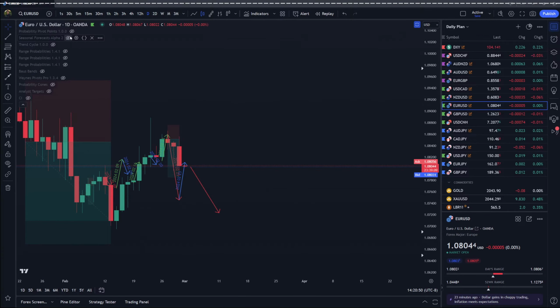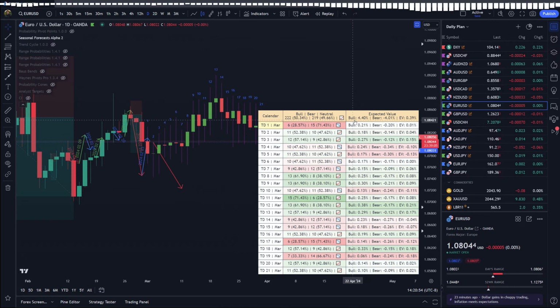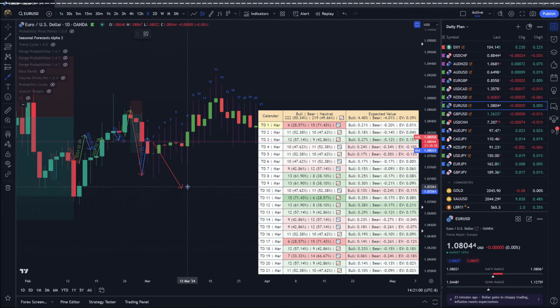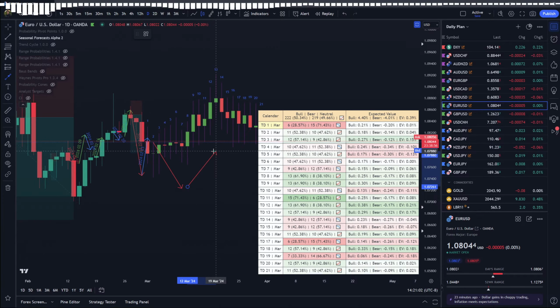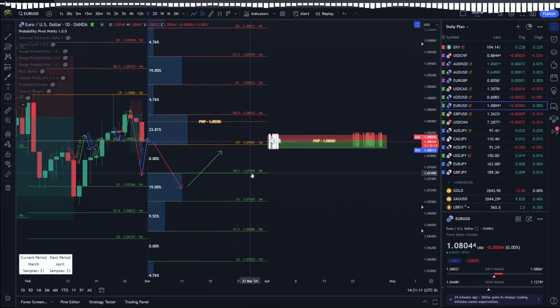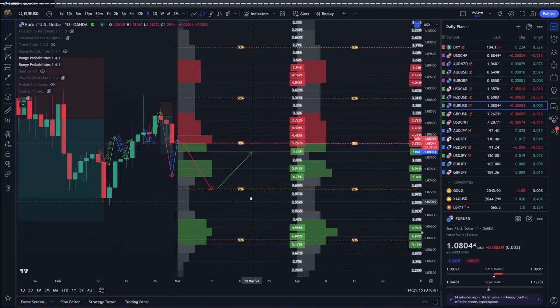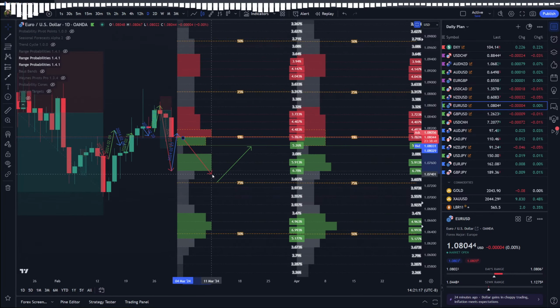Okay. Let's pull this up here. So pretty flat expectations up until the 8th trading day right there. And then we take that to the 14th trading day, set that in green. That's the net seasonal expectation. Let's go ahead and pull up our distributions here real quick and adjust these.